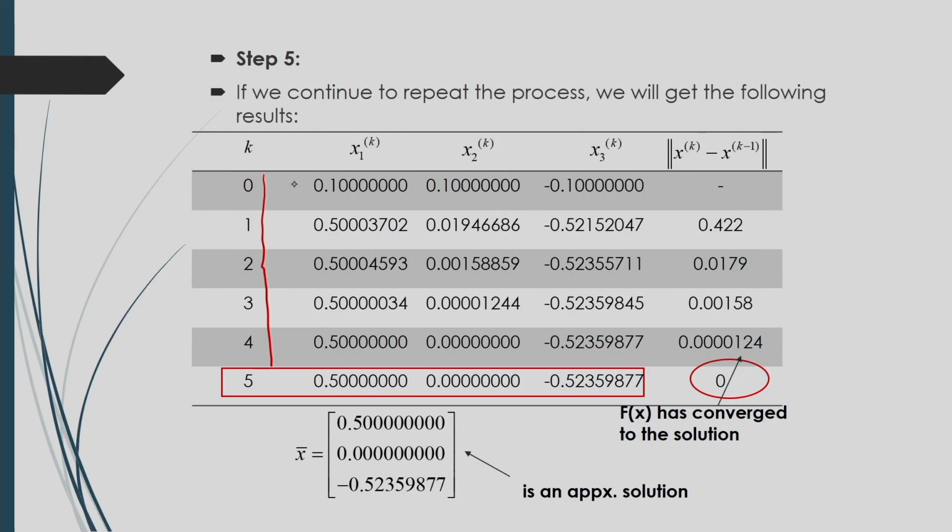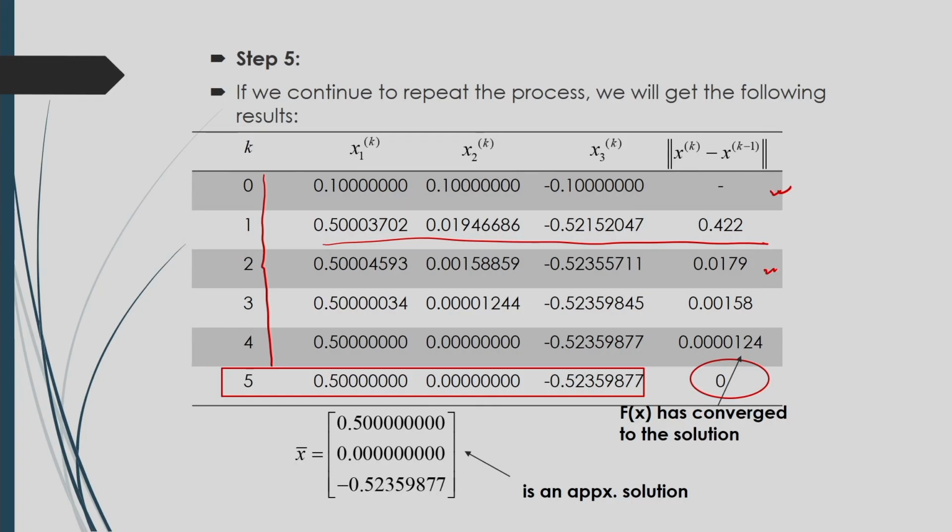For the first iteration it is given here, and then for the second iteration we have found this value, and then for the third iteration, after x1 plus y 0, it will come like this, and then keep on continuing the repetition of the process based on Newton's method.